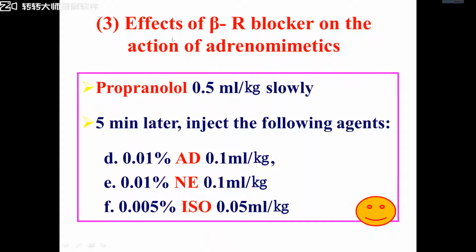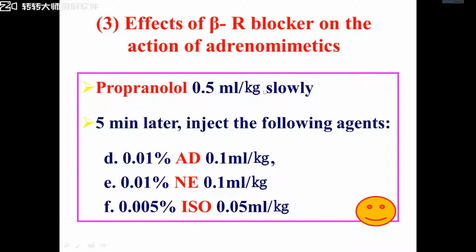The next step, let's block the beta receptor. So let's observe the effects of a beta receptor blocker on blood pressure. We give propranolol, the nonselective beta receptor blocker. The dosage is 0.5 milliliter per kilogram.